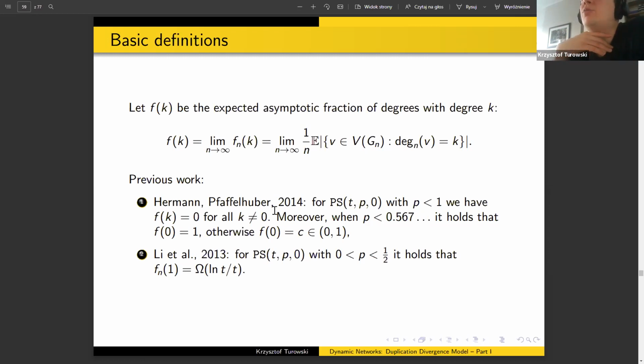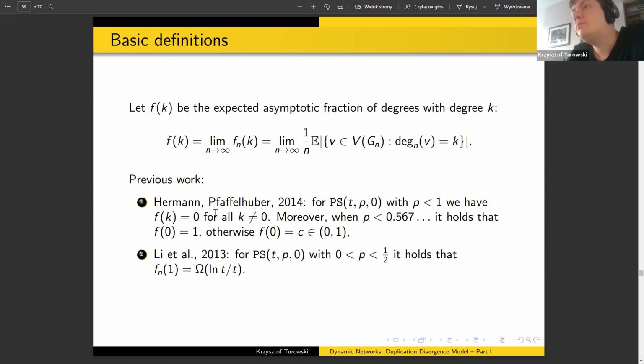And we are interested whether there is some scale-free property, some power law or not. Formally, we can define the fraction of vertices with degree k as f of k, and it is asymptotic. So as the number of vertices goes to infinity, it is the expected number of vertices with degree exactly k.